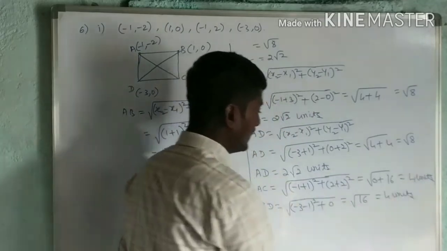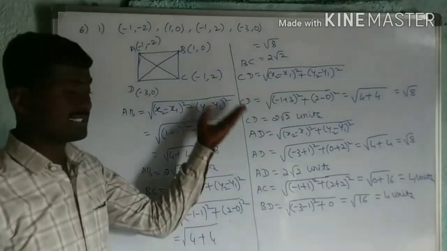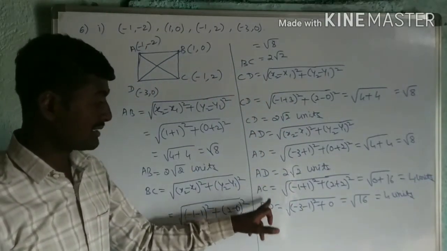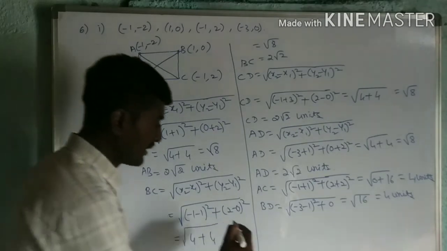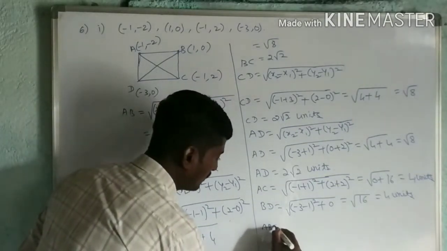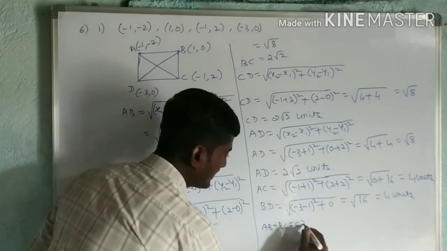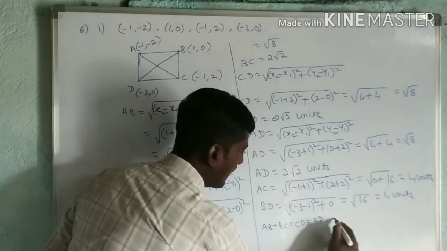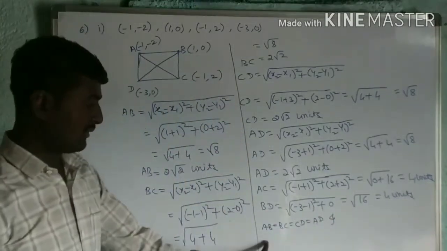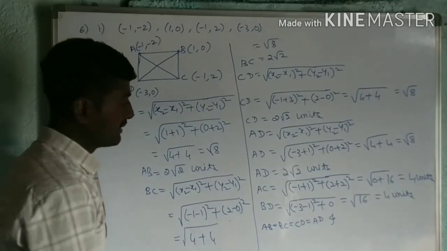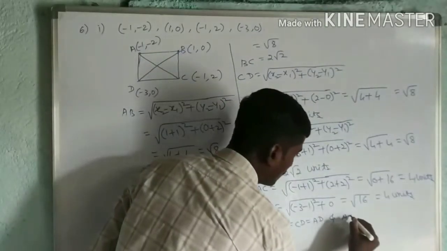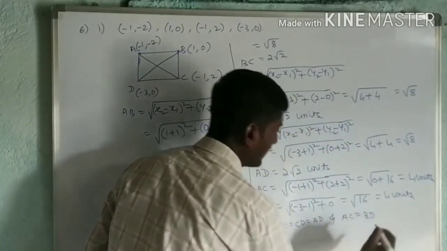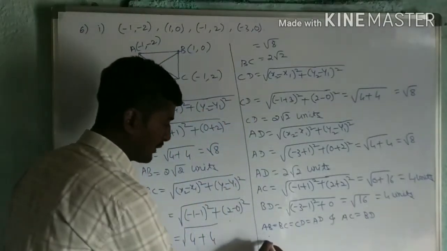So here all 4 sides are equal and also diagonal AC is equal to BD. Now I'll write AB is equal to BC is equal to CD is equal to AD, so all 4 sides are equal, and diagonal AC is equal to BD. This is the reason.